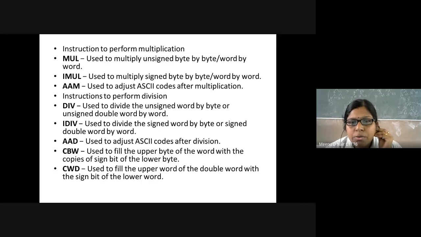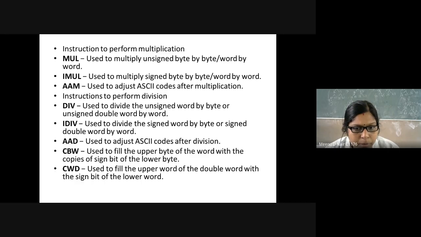Now we are going to see the division operation. DIV means unsigned division. IDIV means signed division. AAD means adjust ASCII after division.